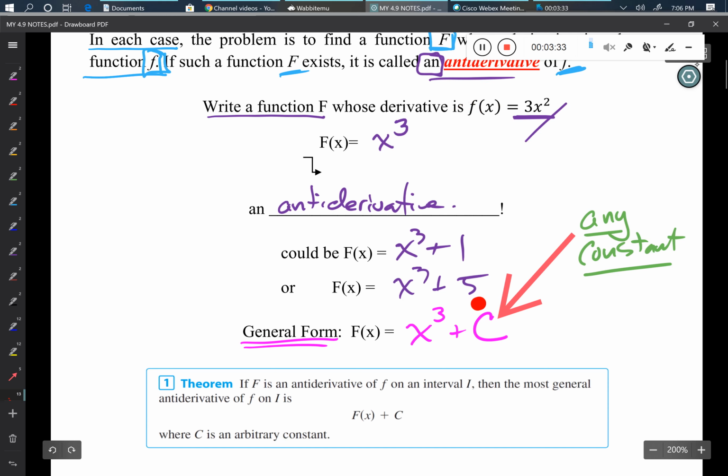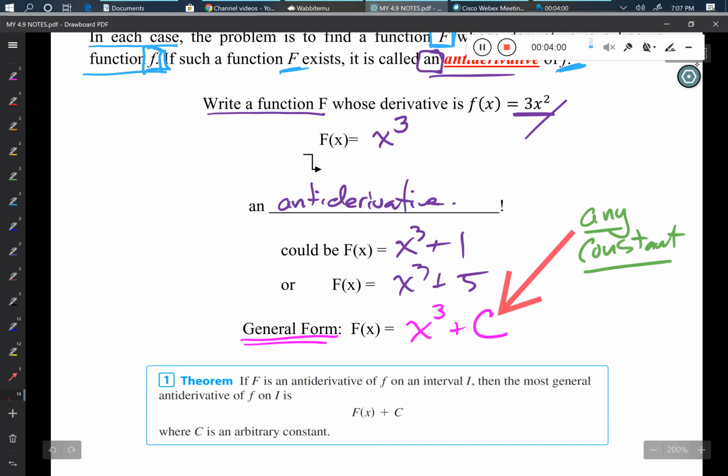Right? So remember, going from here to here is taking a derivative. Going from here to here is taking an antiderivative. Constants would disappear when you took the derivative, and that's why we have that possibility of an unknown constant having been there. Right? If the thought of that intrigues you, differential equations. You'll spend an entire semester working with finding antiderivatives and figuring out what those original constants could have been.